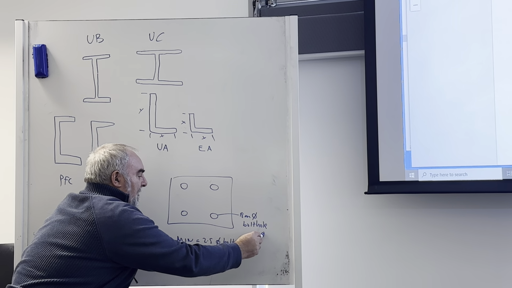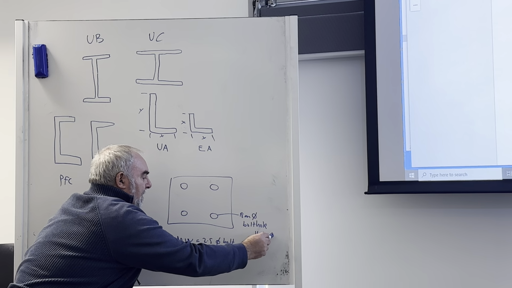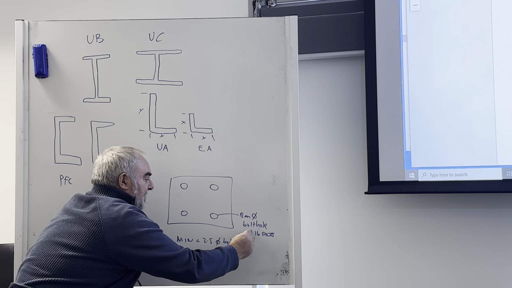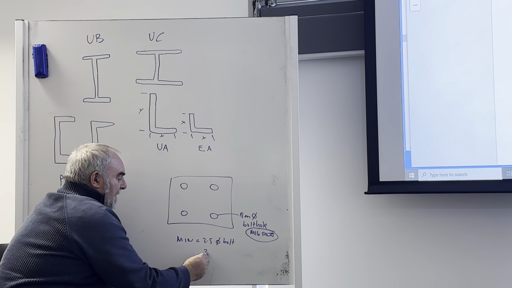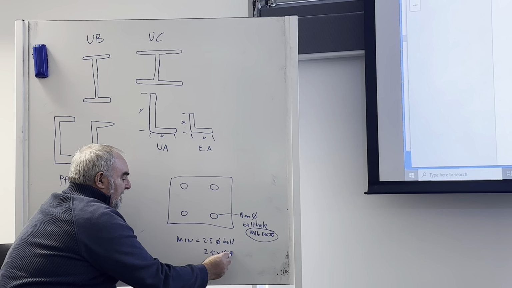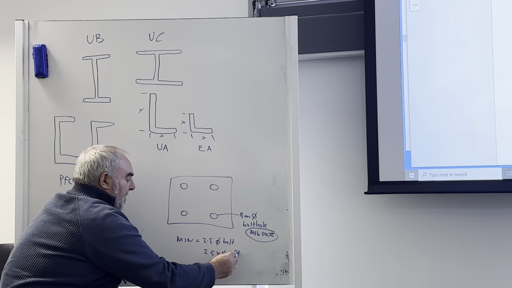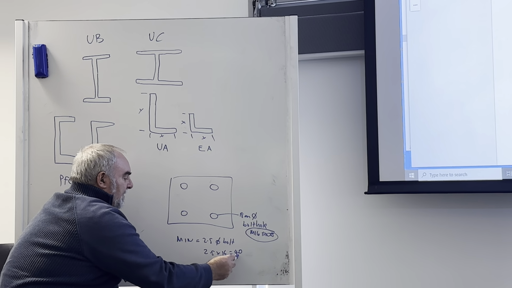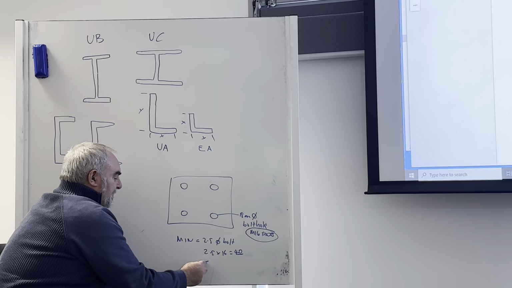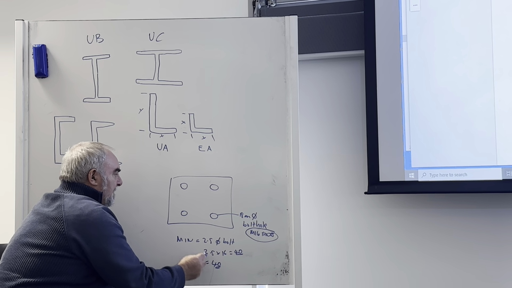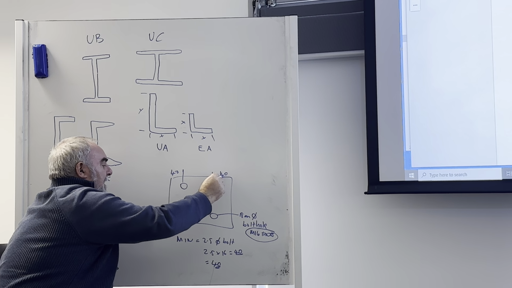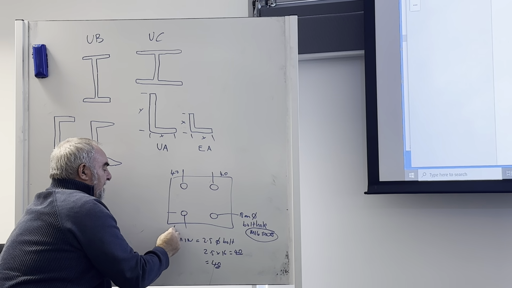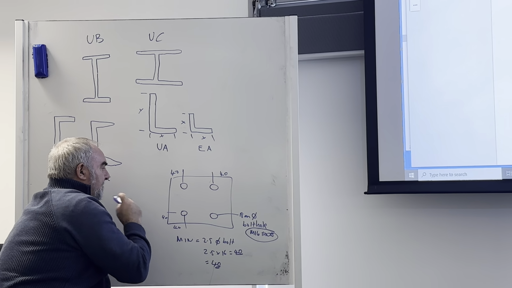So 16 or M16 bolt. So 2.5 times 16 equals 40. So your minimum equals 40. The minimum applies to there, and there, and there, and there, all around.